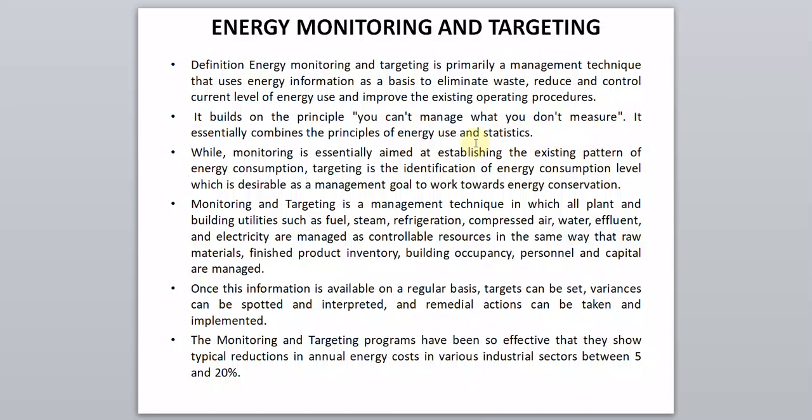For example, if you are going to conserve or control the energy flow, for example thermal or electric energy, then you have to be aware of the energy measurement. You cannot access or control the energy without the measurement of energy.